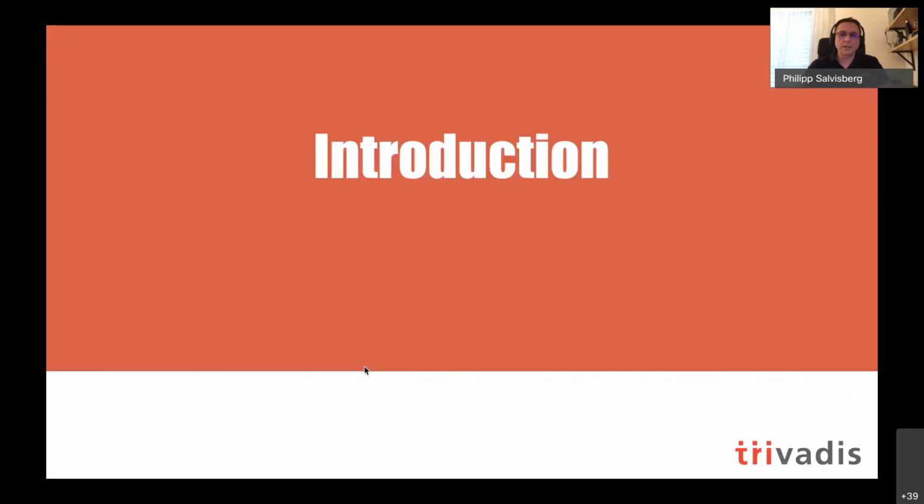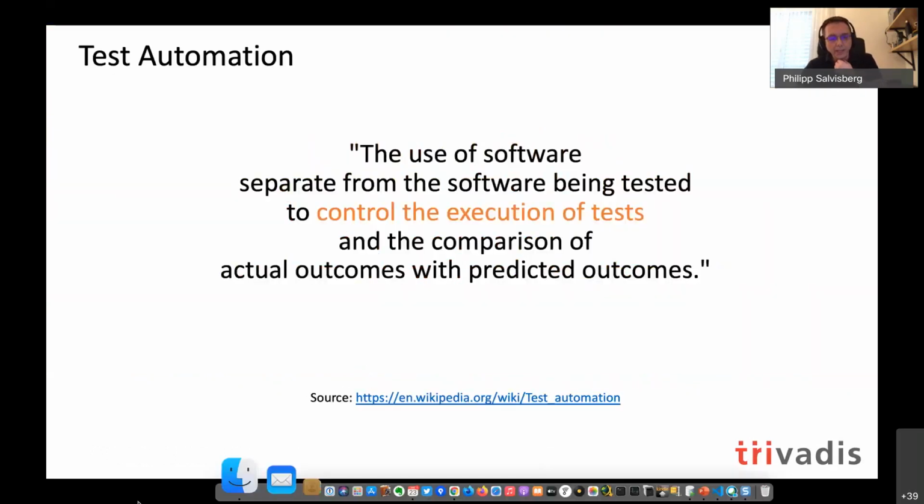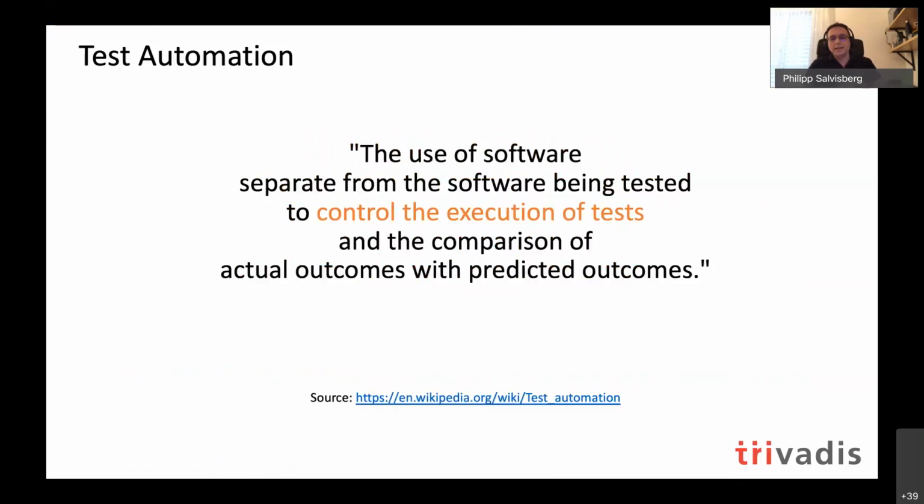Okay, let's start with an introduction, and it continues there where we were with the question at the end of Sam's presentation. Nowadays, everything is about test automation, and from my point of view, this is also a driving force why utPLSQL is more and more used.